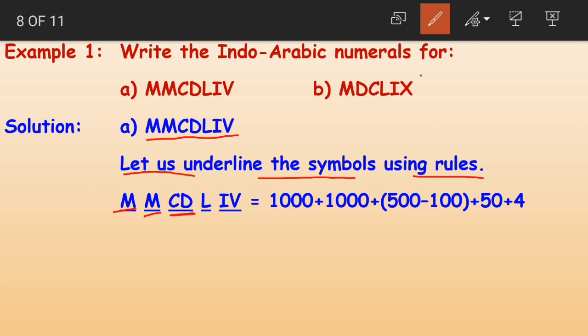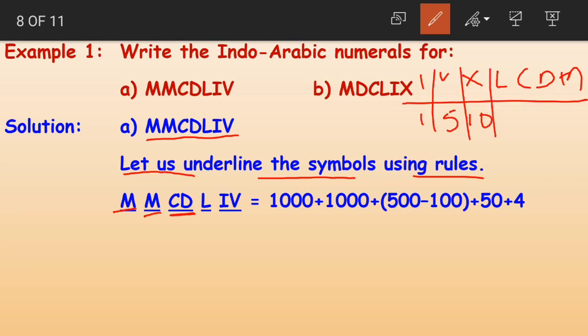Now when we look at CD, first what I suggest to you children is that whenever such a question is given, write down all 7 symbols I, V, X, L, C, D, M and write their values below as well. 1, 5, 10, 50, 100, 500 and 1000.